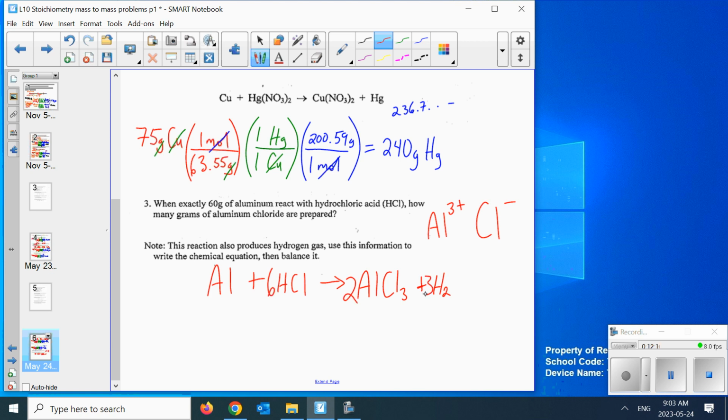Now the hydrogens are balanced and the chlorine ions are balanced. But I've screwed up the aluminum, so I've got to do better. Okay? All good then? I estimate that would have taken you 2 minutes or so to figure out before. Once you have that, you're ready to roll.